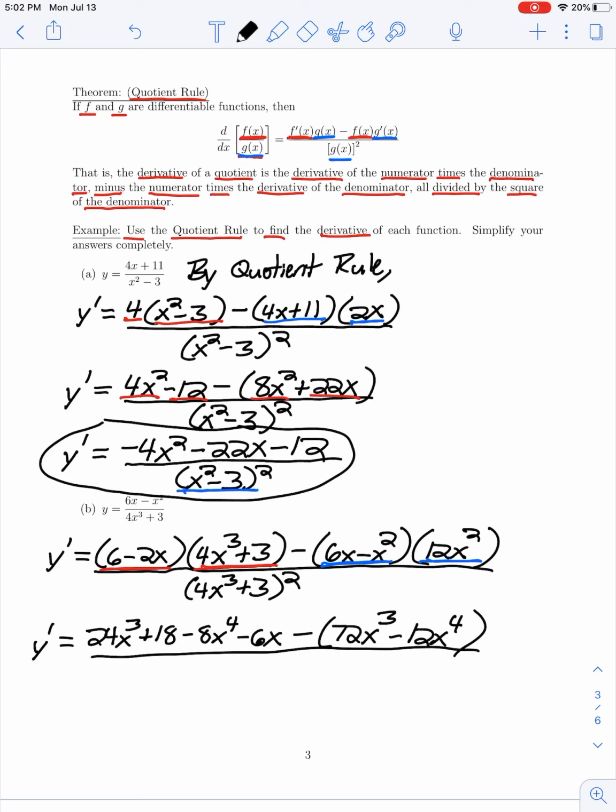And this is still all over 4x cubed plus 3 quantity squared.